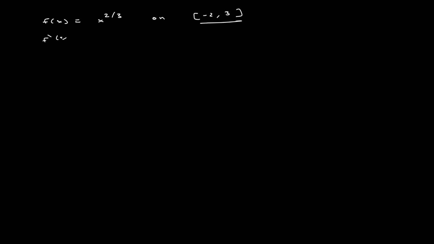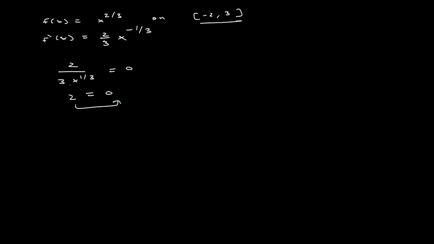f prime of x is simply 2/3 times x to the -1/3, right? And now we need to find out whether f prime is 0 or undefined. So if I set this equal to 0, this is clearly never 0, but it is undefined. It's not 0 because if I multiply out, I get 2 equals 0, and that cannot be possible.